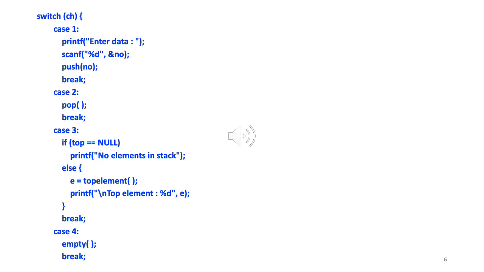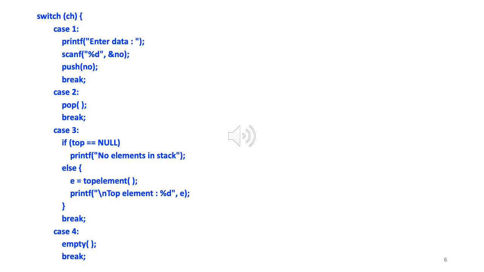Case 3, if you see, is for top, so giving the top element. Here we do some error checking. We may call the empty function, which I think in this case they are not doing. What we can do is just check the top. So if top is null, we say no elements in the stack. If you see in the previous slide, right after those 8 printfs and just before the while one, we call create, and what create will do is set top equal to null.